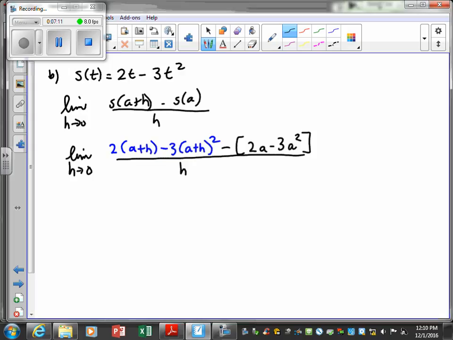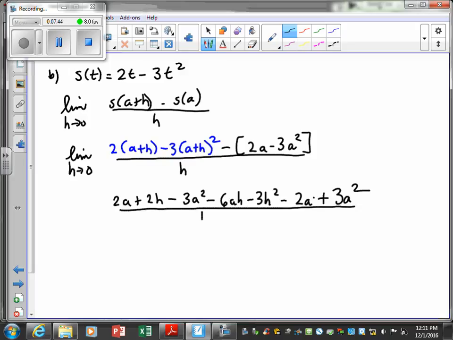Okay, so it's just 2a plus 2h minus, we would get 3a squared. If you need to go off to the side to simplify this, you may. And then here we would have minus 2a, and then plus 3a squared, all over h. Now let's look at what cancels. So a 2a, and what else?